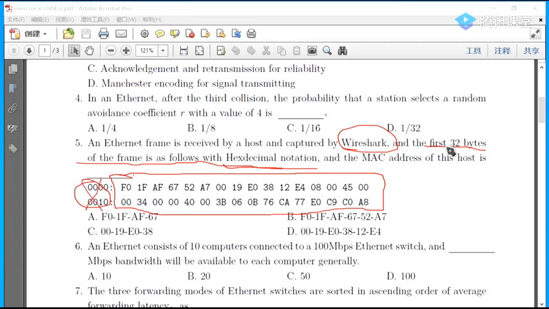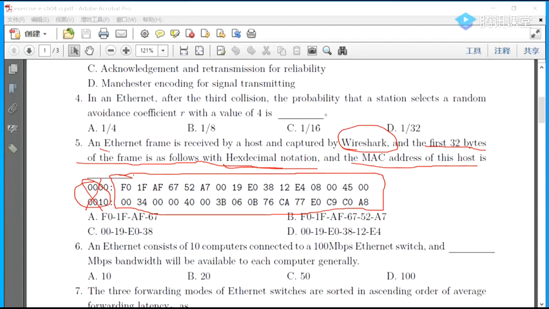So the first 32 bytes are F0 1F AF 6 7 5 2 A7, etc. Then which one is the MAC address of this host?